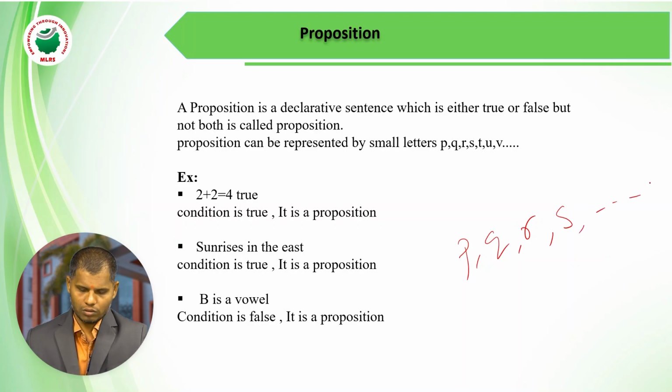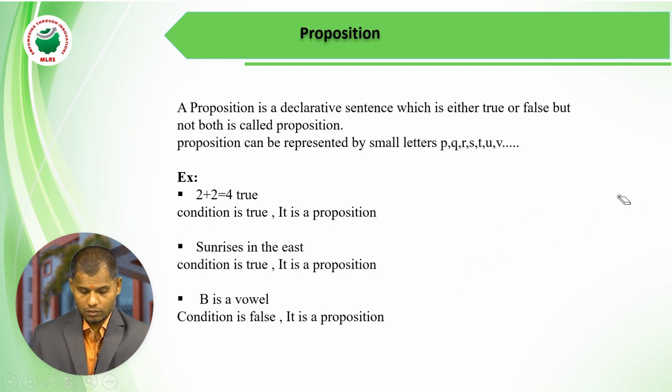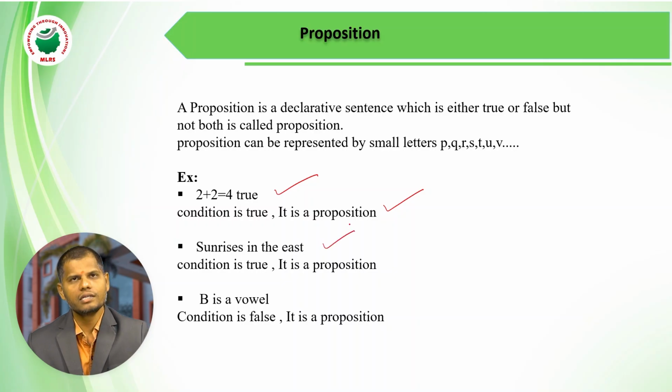You can see the examples here. One statement: 2 plus 2 equals 4. This condition is true, so it is a proposition statement. Next example: the sun rises in the east.